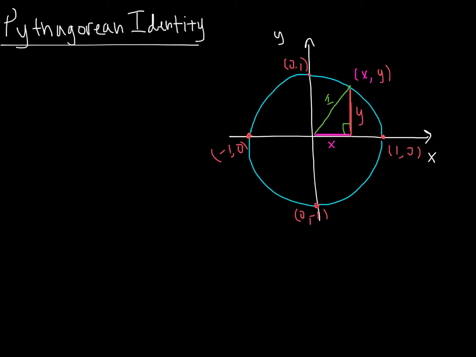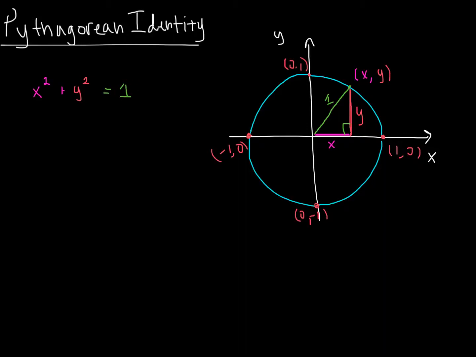Hopefully you remembered that the sum of the squares of the smaller sides will equal the square of the hypotenuse. So for this right triangle, we have x squared plus y squared equal to 1 squared, and 1 squared is 1.